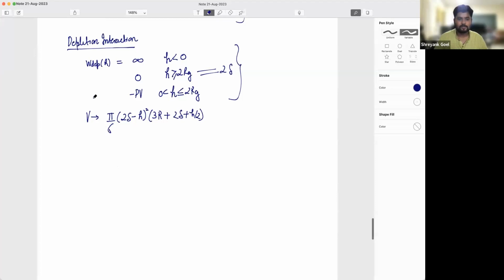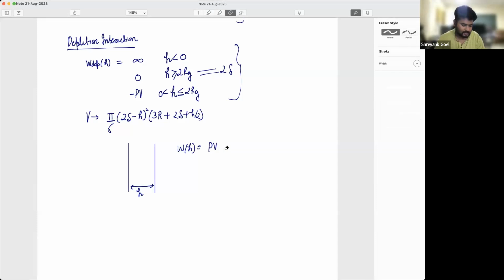This is for the case of a spherical particle, but if we have a plate-like particle, which is also discussed in the lecture, with some distance h between them, the interaction can be calculated as minus PV, only the V is different.